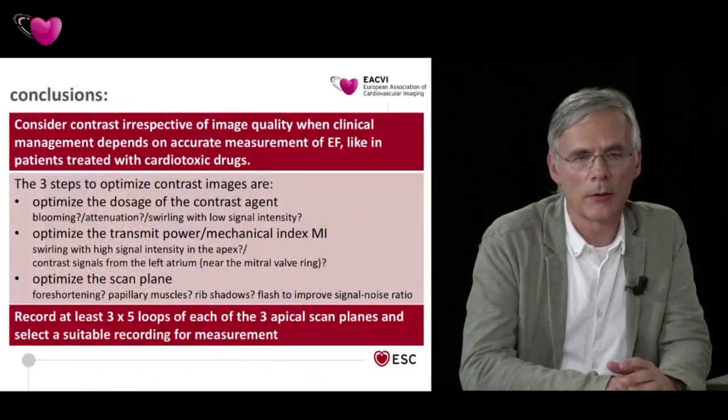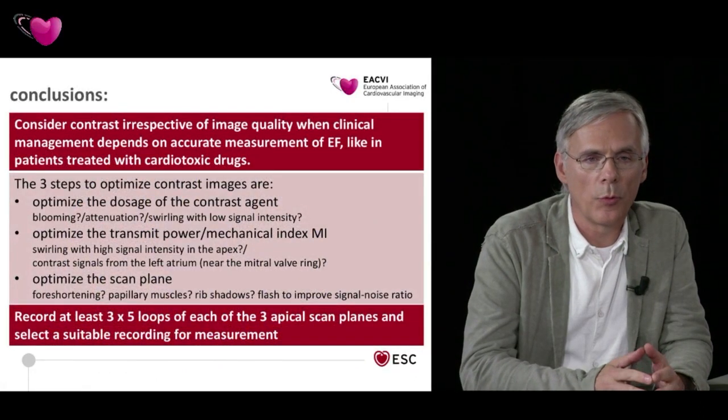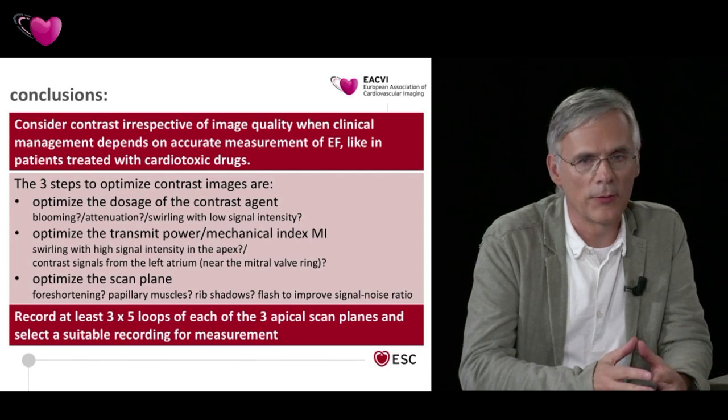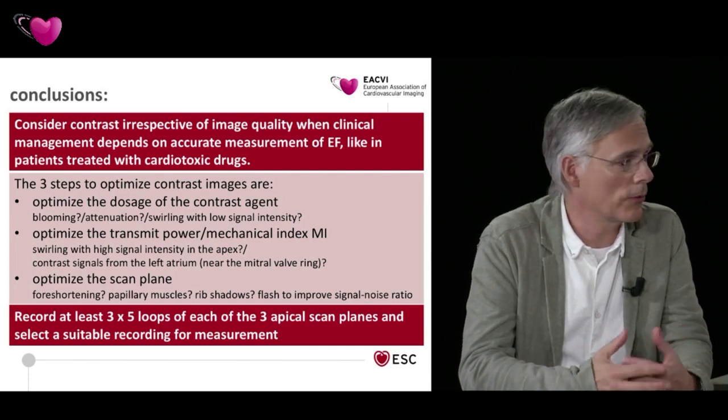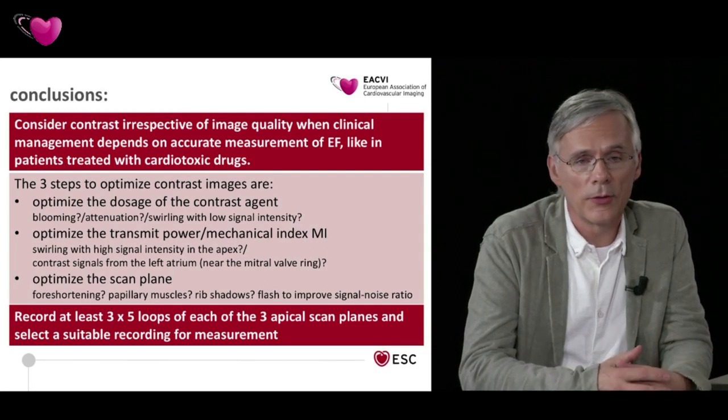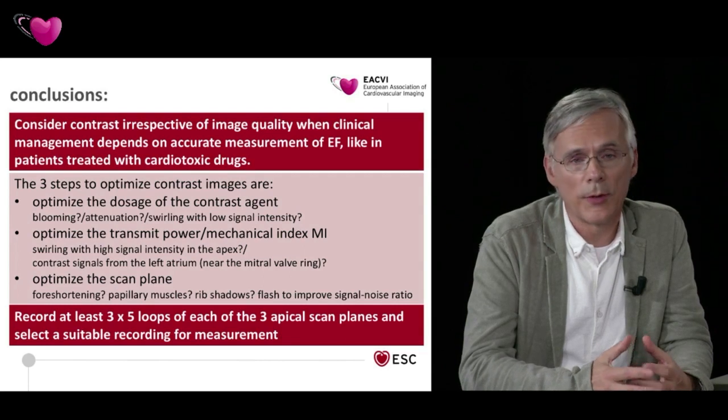So I conclude we should consider contrast irrespective of image quality when clinical management depends on accurate measurement of ejection fraction, like in patients treated with cardiotoxic drugs. And I suggest 3 steps to optimize contrast images.